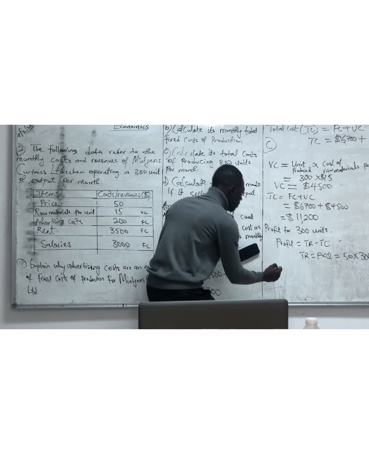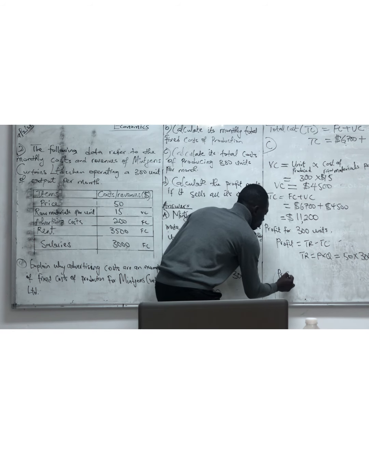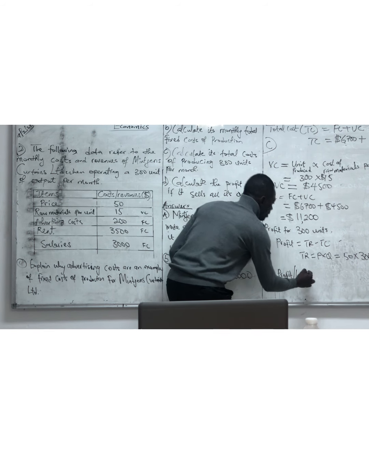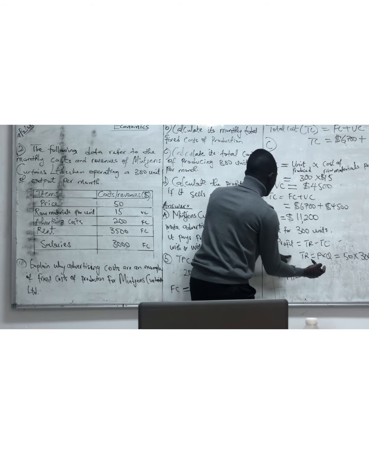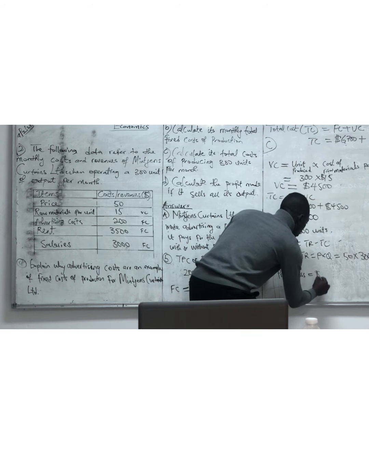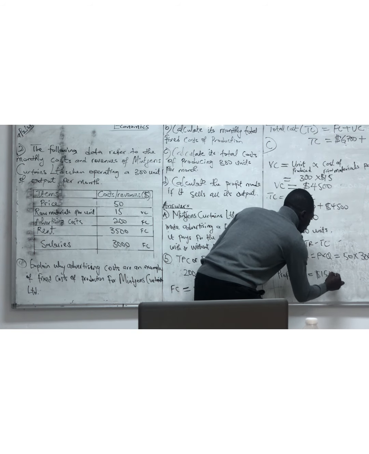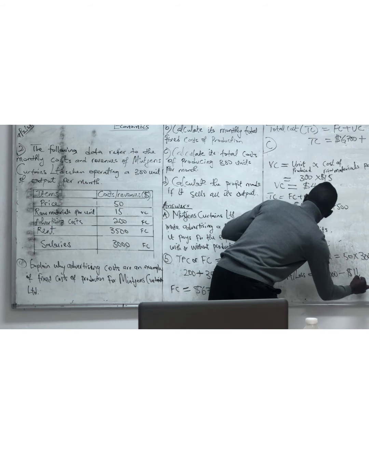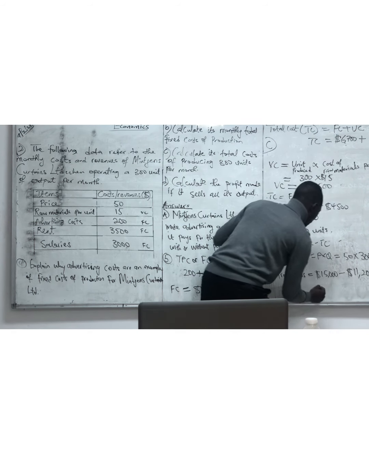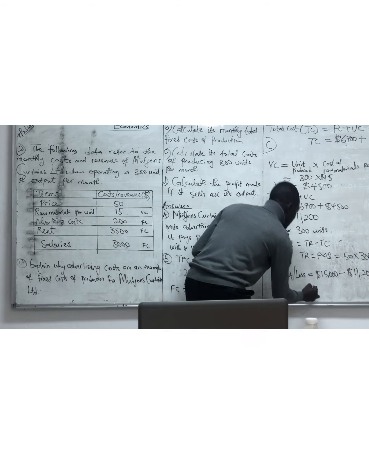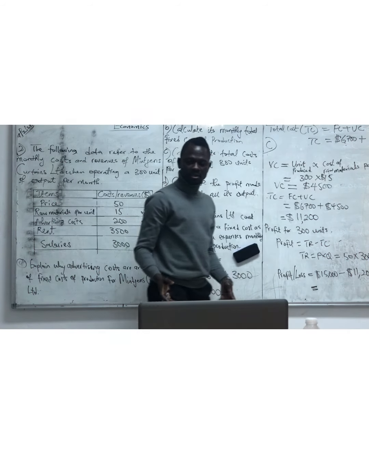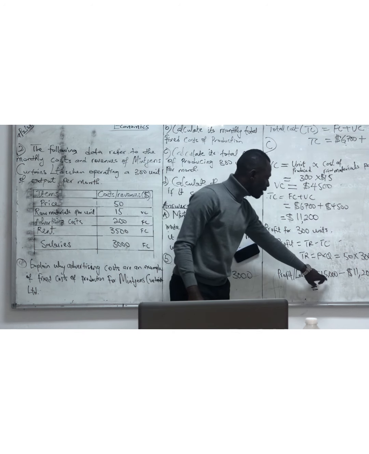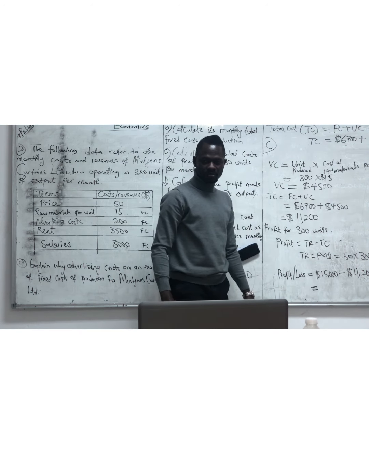Yes. So your profit or loss equals TR minus TC: 15,000 minus TC 11,200. If it gives you a negative sign, it's a loss. But this is going to give us a positive sign, right? Because the total revenue is more than the total cost.